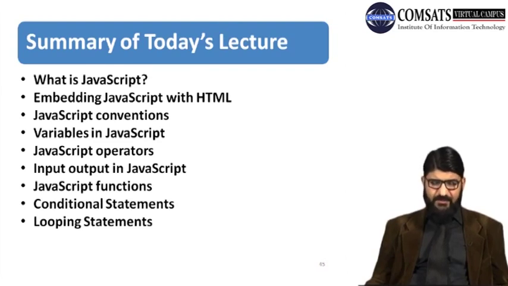Then we saw conditional statements: how the if code is executed within a JavaScript function, and similarly the if else conditional statement. And in the end, we saw two loops for JavaScript, the for loop and while loop. So this is all we have discussed in today's lecture.